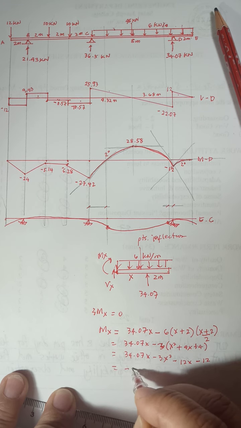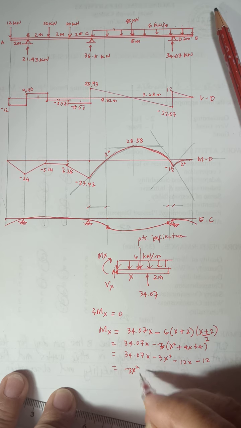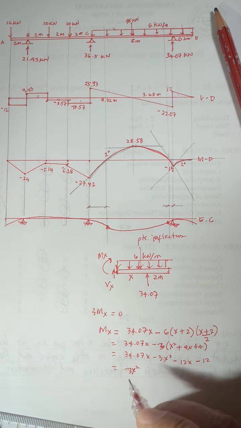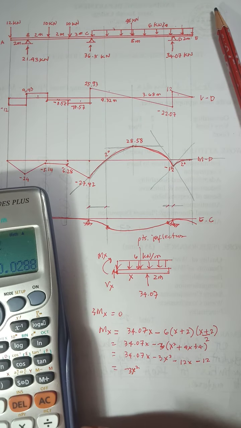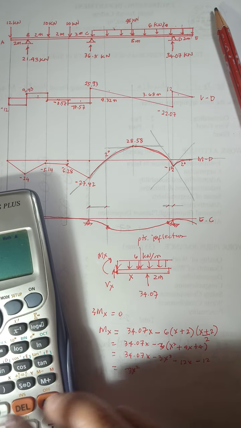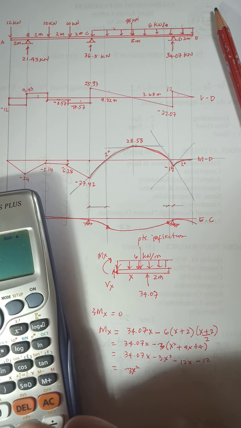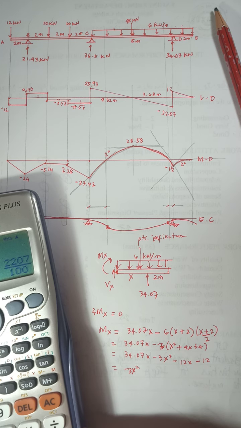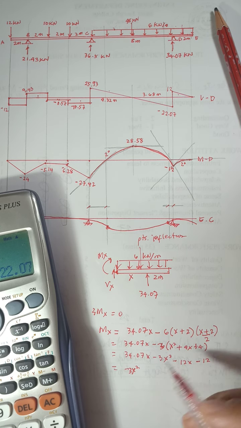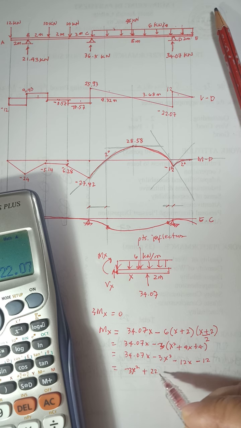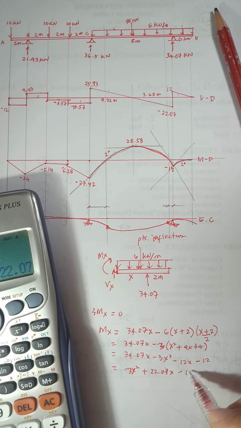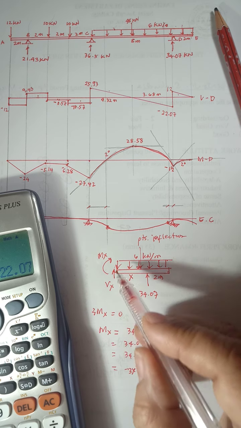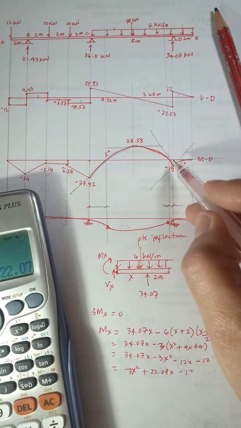Okay, arrange the terms in descending order of the exponents: minus 3x squared, then 34.07 minus 12 equals 22.07, so that is plus 22.07x minus 12.